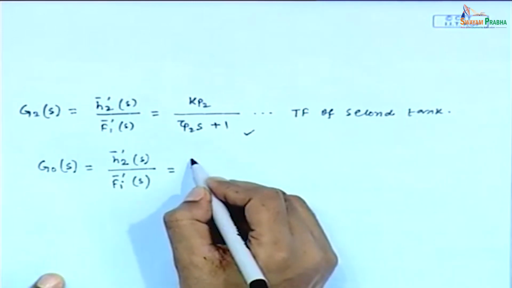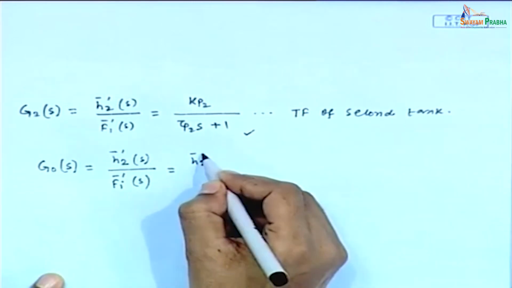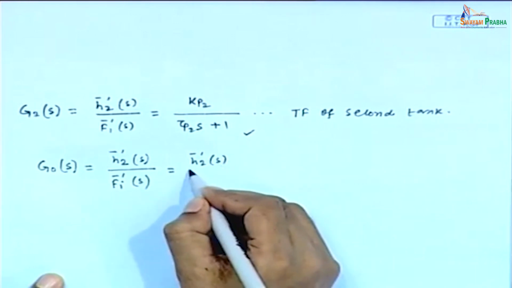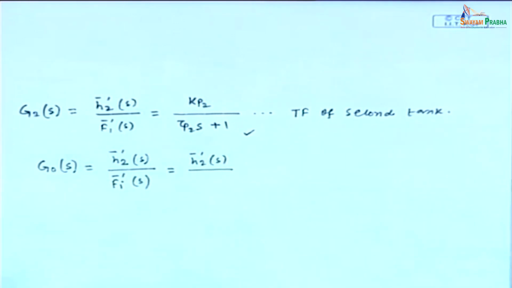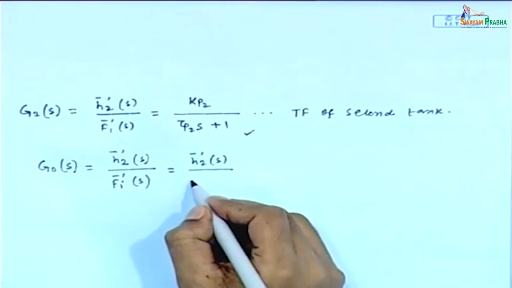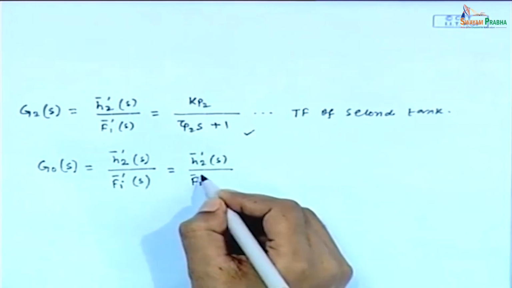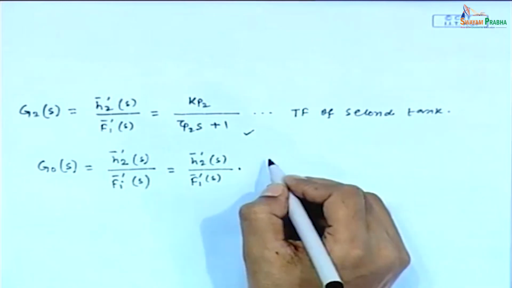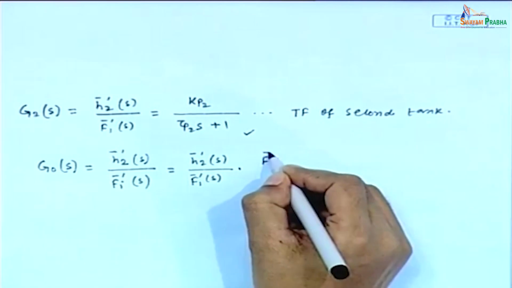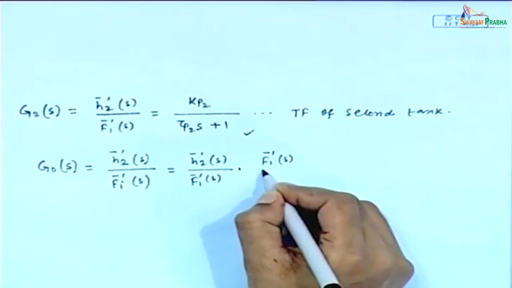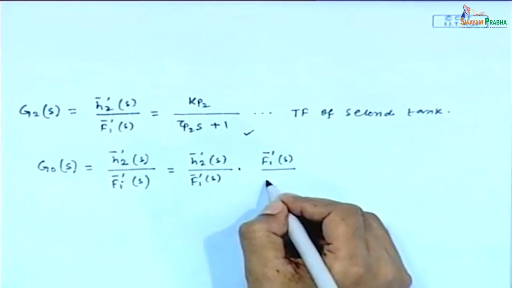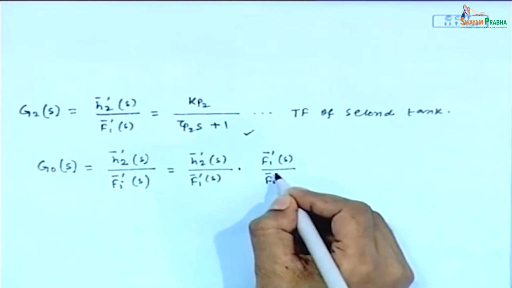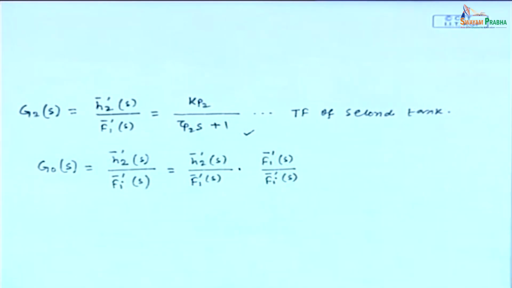Now, we can write again the overall transfer function in this form: H2 bar prime(s) divided by F1 bar prime(s) multiplied by F1 bar prime(s) divided by Fi bar prime(s).